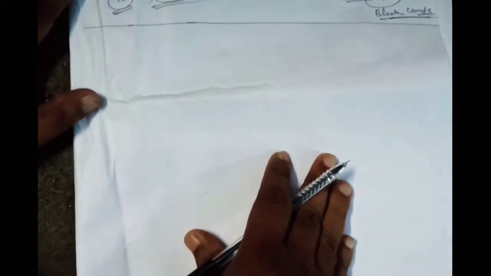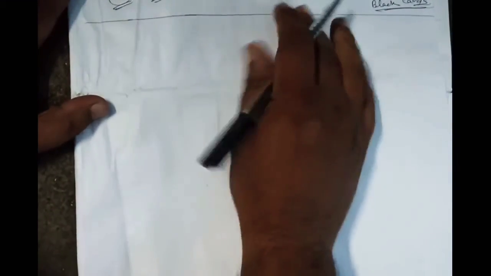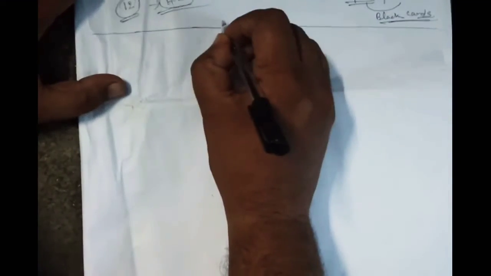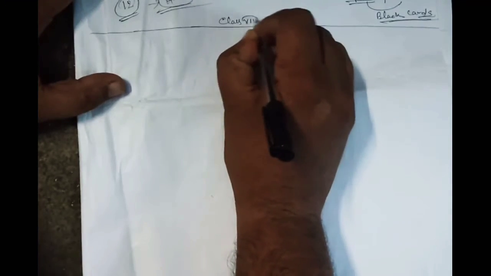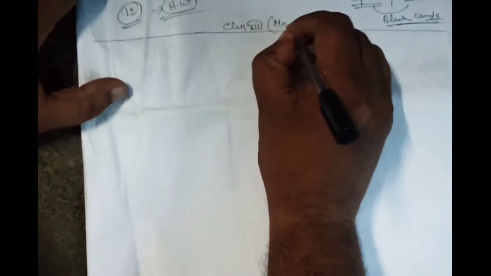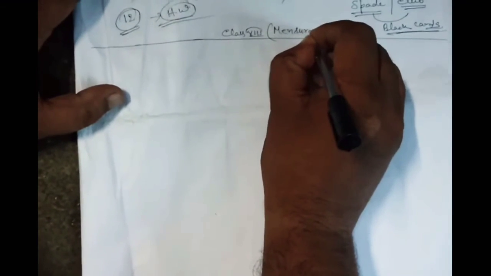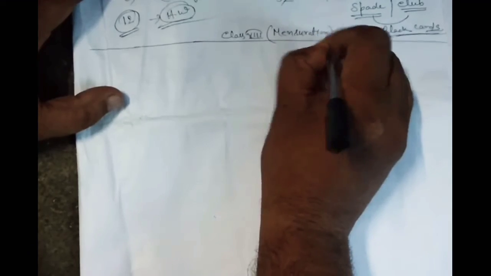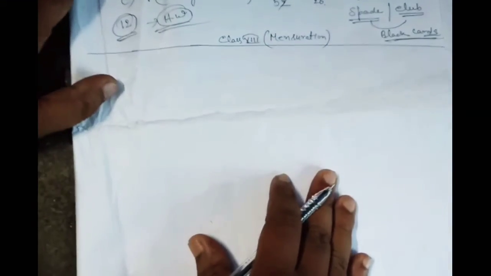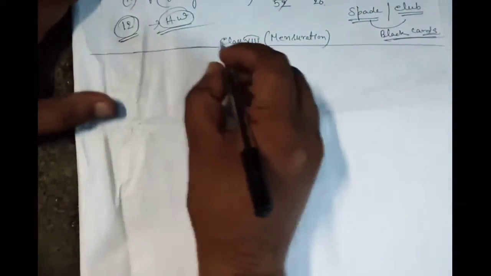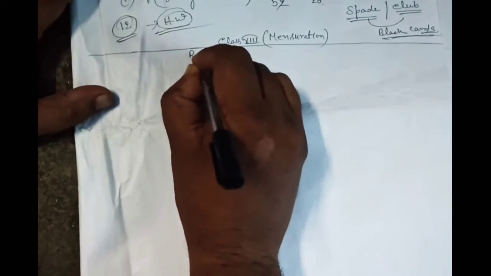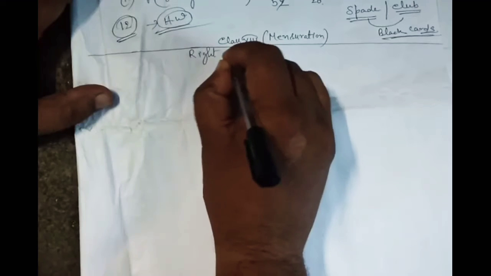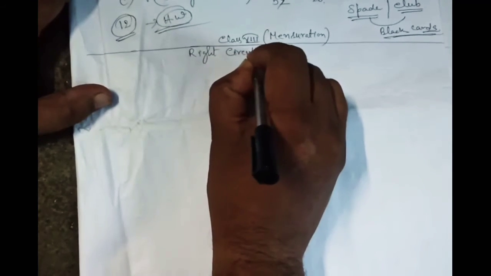I am discussing class 8 standard mensuration. Chapter name is right circular cylinder.